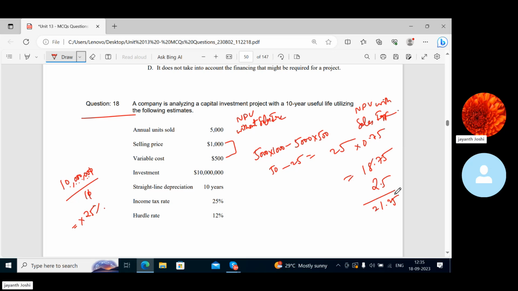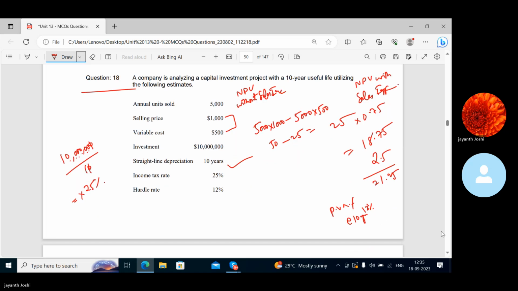Now this is for how many years? 10 years, right? So present value annuity factor at 12% for 10 years. What is the factor? 5.650.